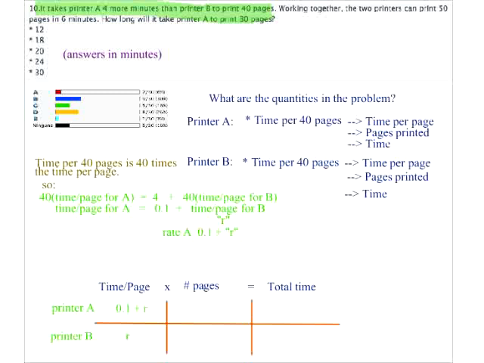Times how many pages equals the total time? Well, in 6 minutes, the total time is 6. You can do division.